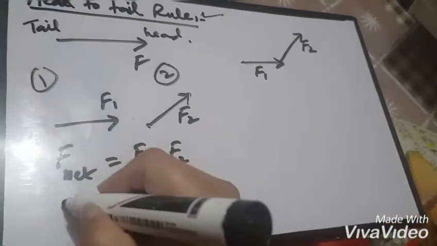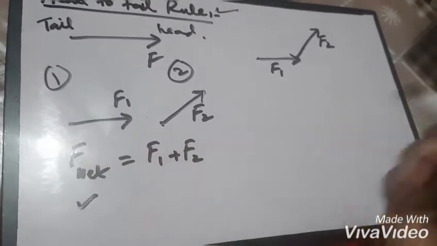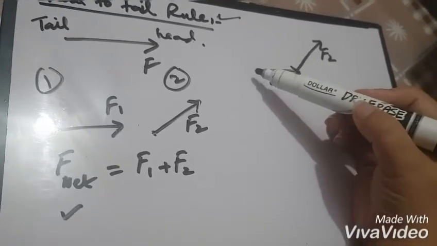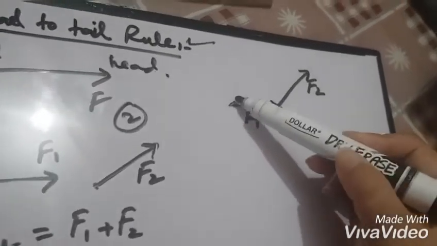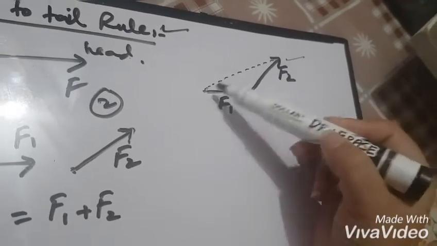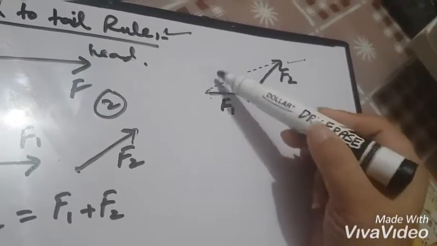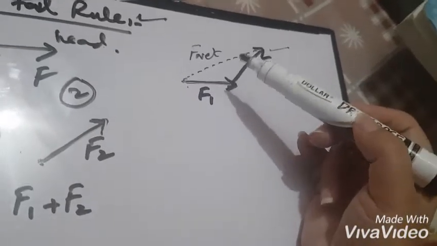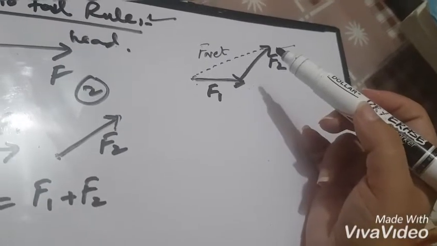So what will be the net force or net vector? For the net vector, you just have to join the last vector with the first vector. This is the last vector, this is the first vector, and this is f net. And what will be the direction of that vector? How will I make its tail and head?